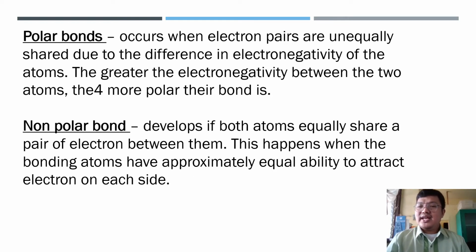The greater the electronegativity difference between the two atoms, the more polar their bond is. Now, a nonpolar bond, on the other hand, develops if both atoms equally share a pair of electrons between them. This happens when the bonding atoms have approximately equal ability to attract electrons on each side.